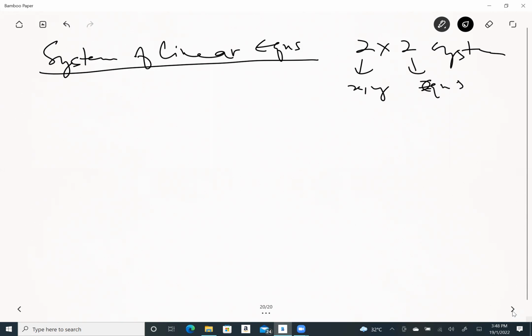So you have, we use in terms of a matrix, the coefficient, a11x plus a12y equal to, say here, b1. And here I got a21x plus a22y equal b2.